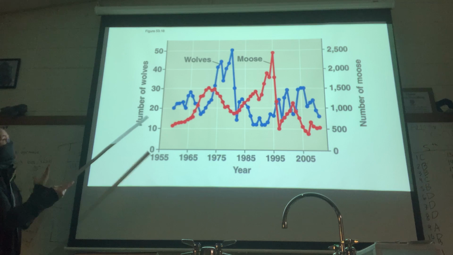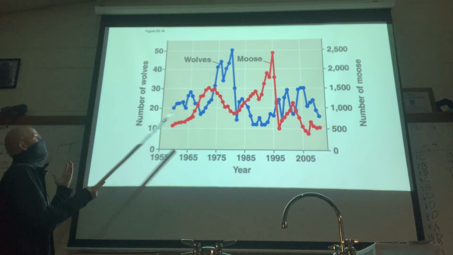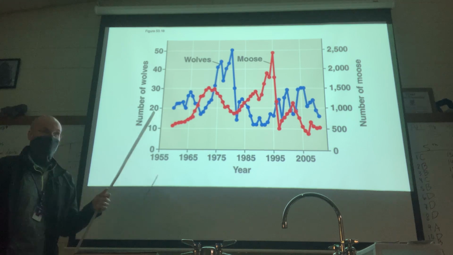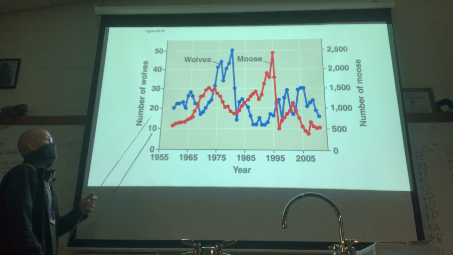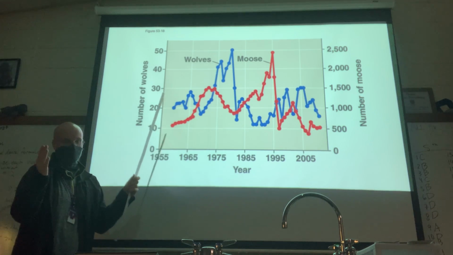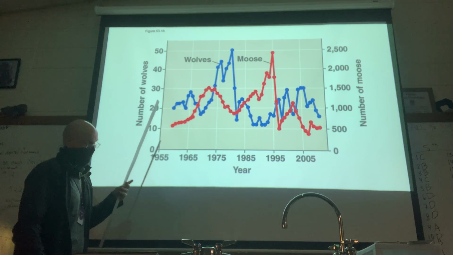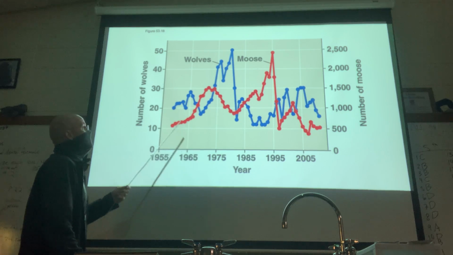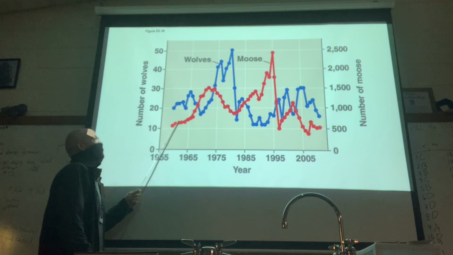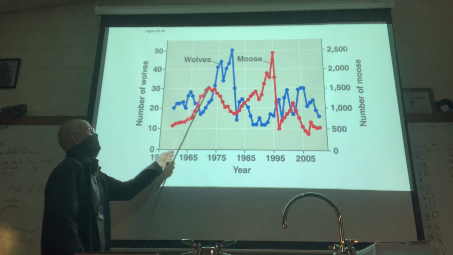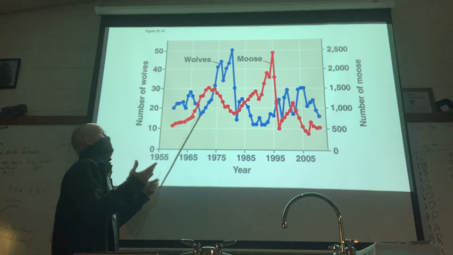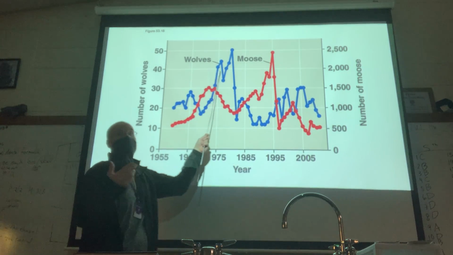So this is a typical predator-prey scenario where you have wolves and moose. The wolves are eating moose and relying on the moose for their food supply. And what you find, and it's not a perfect function of one another, but you do see a general trend where when prey populations increase, that means more food for predators, so their population increases.